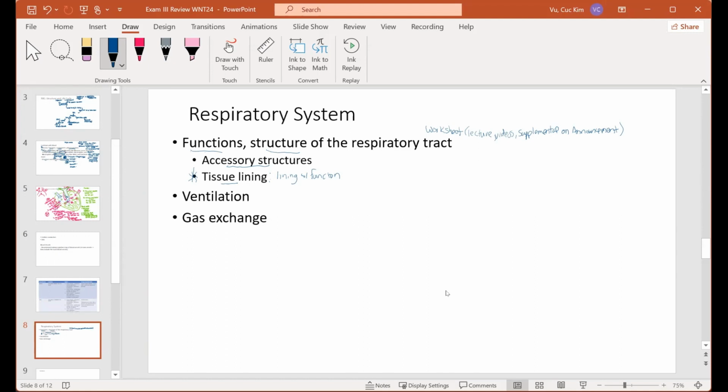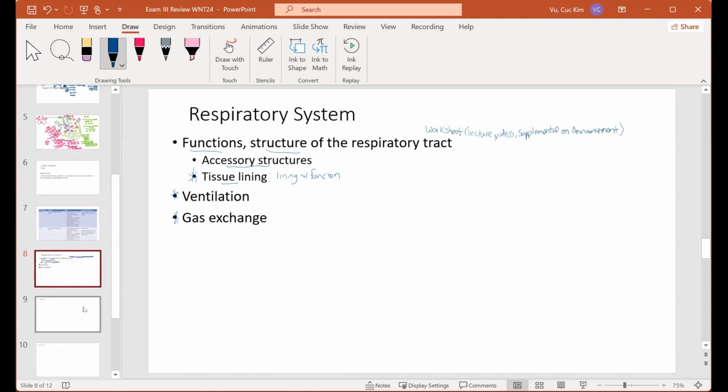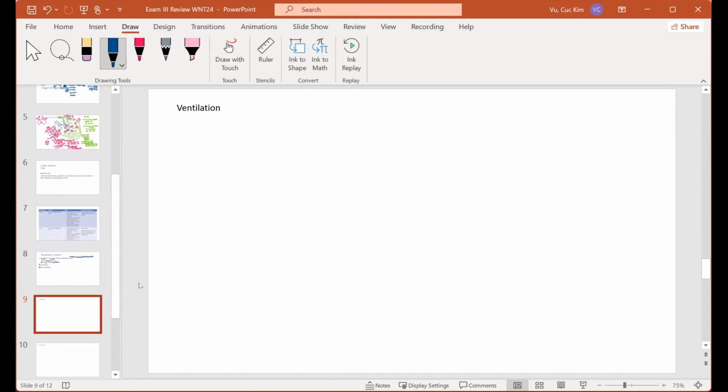Okay, then ventilation and gas exchange are the two main concepts that we cover in the respiratory system. And those are the two that I'll spend some time on. So we'll start with ventilation. Ventilation is essentially how we breathe.